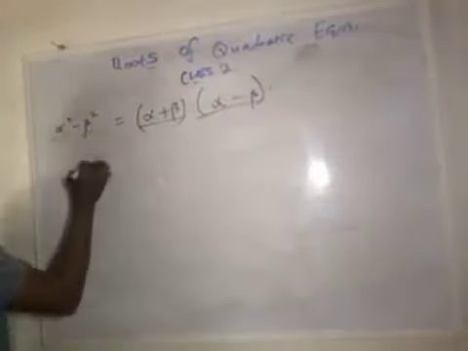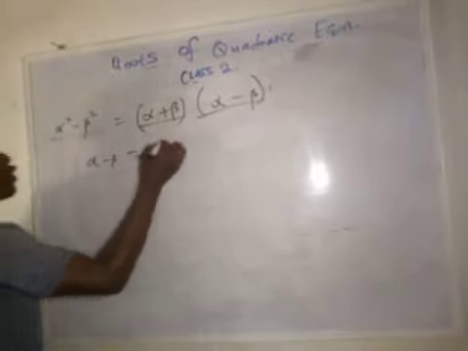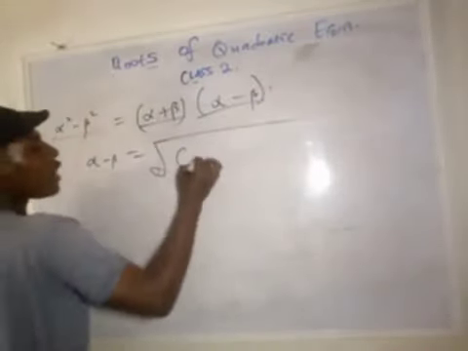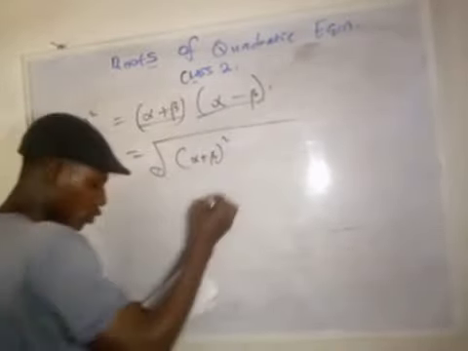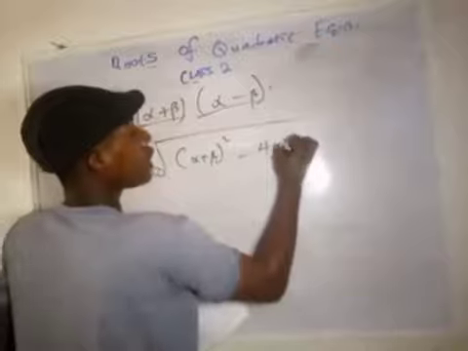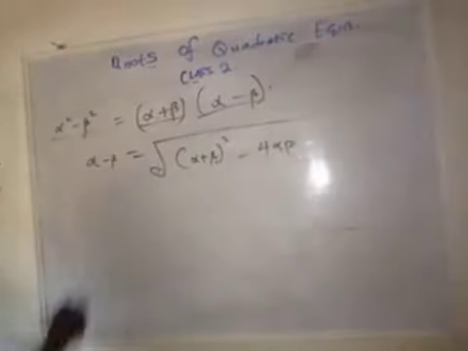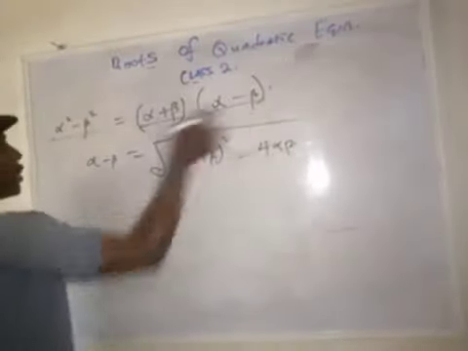Now, you could remember that alpha minus beta is equivalent to the square root of (alpha plus beta) squared minus 4 alpha beta, right? So therefore, I can easily substitute this into this.